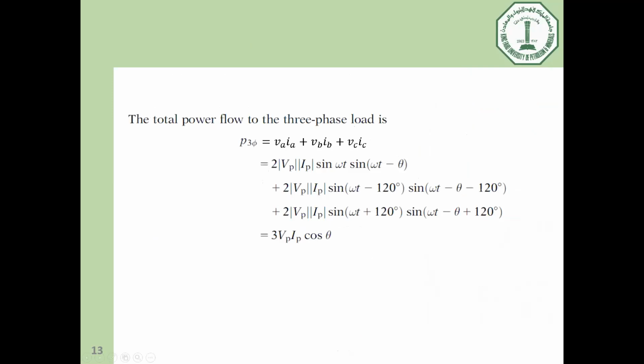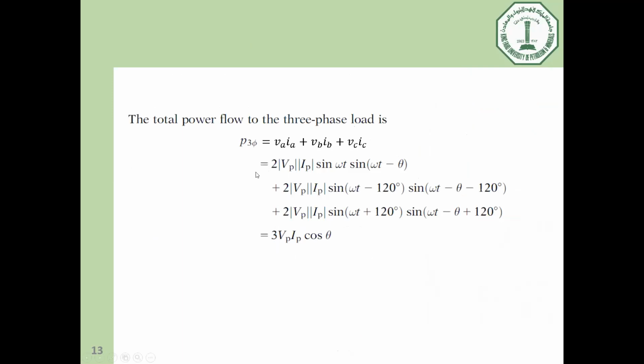If we need to calculate the power, simply we can sum the three-phase powers for the three phases. And because we have identical phases, the summation of power will be 3 multiplied by the power of a single phase.